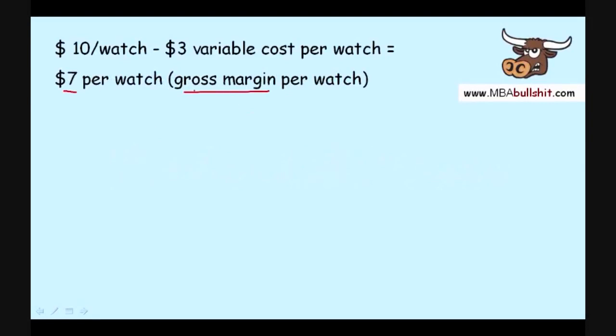Now notice that this gross margin is not yet your final profit. Why is it not yet your final profit? Because you still have to pay for your fixed costs, such as rent and stuff like that.